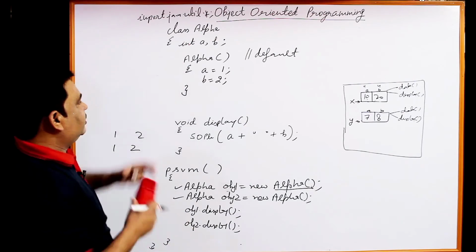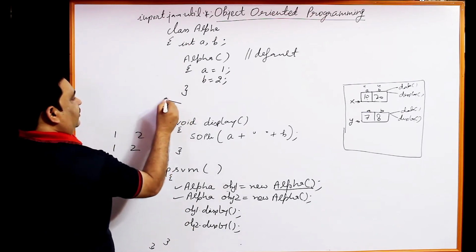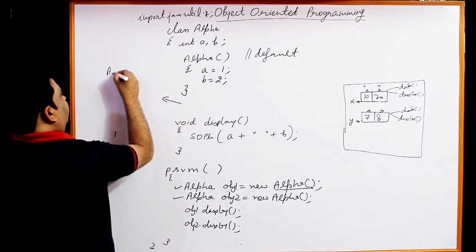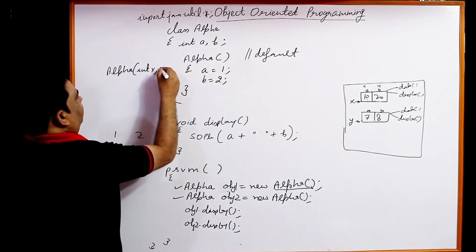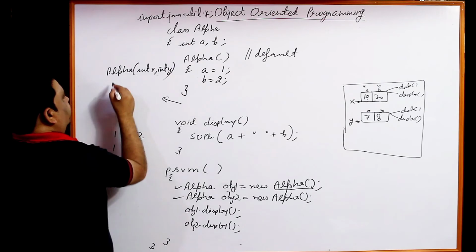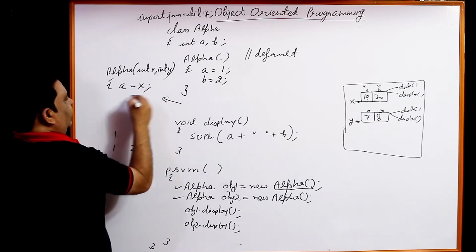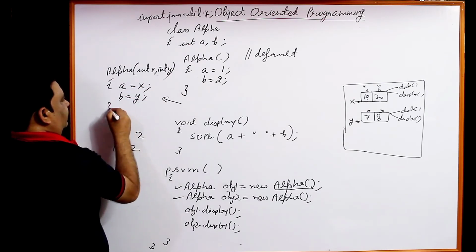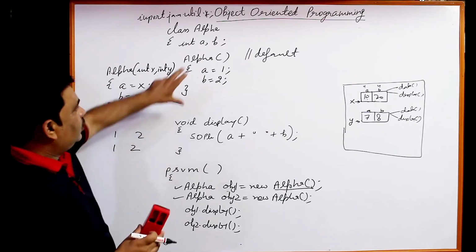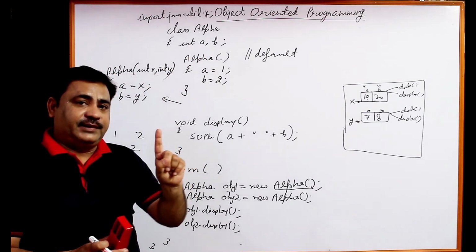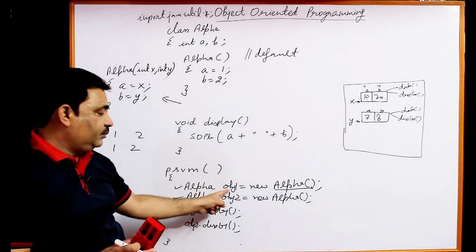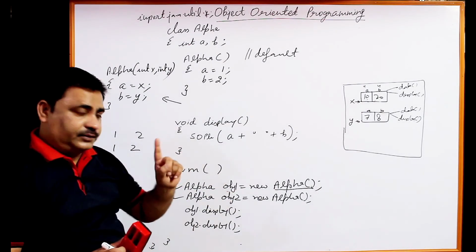So first is default constructor. I am just making one more constructor here, int x, int y as parameters, a equal to x, b equal to y. So now there are two constructors, one is default, another is parameterized. So only one constructor will be invoked when you create the object.